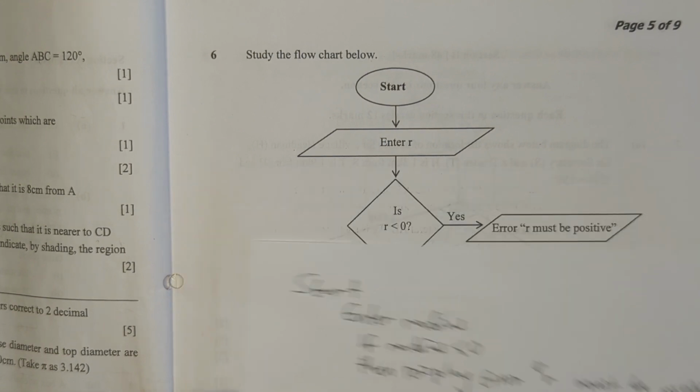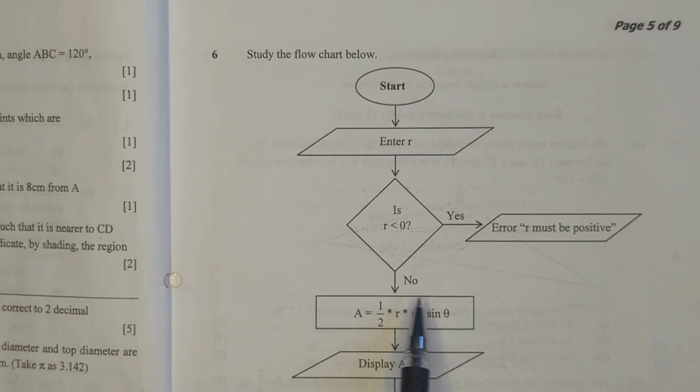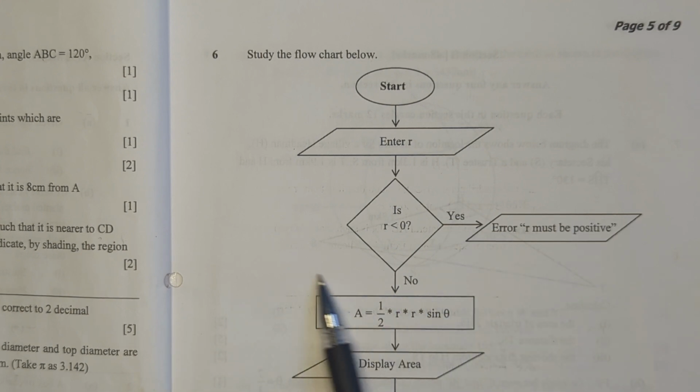Okay, the next shape is the rectangle. The rectangle is where we put the computation operations like calculations. Here we've been given the formula for the area: area is equal to half multiplied by R multiplied by R multiplied by sine theta. These represent the multiplication sign.